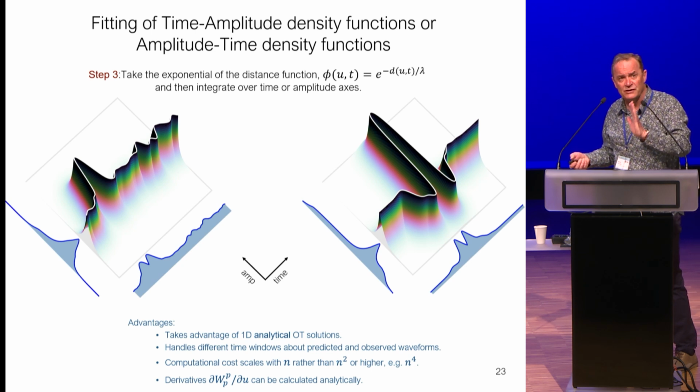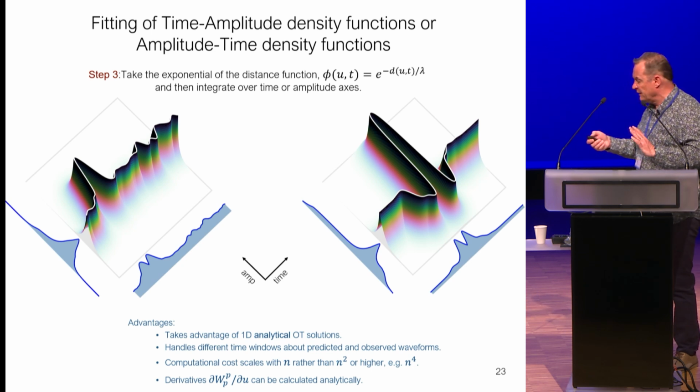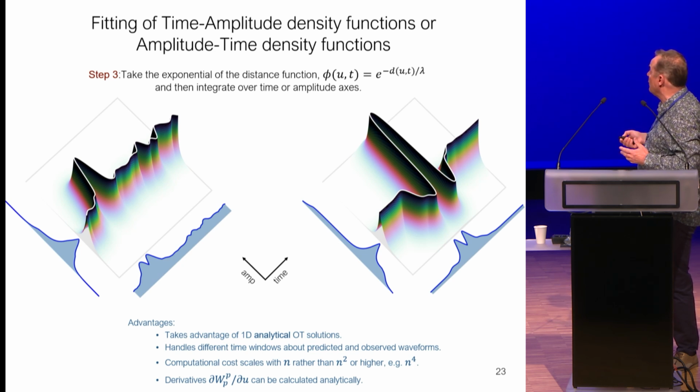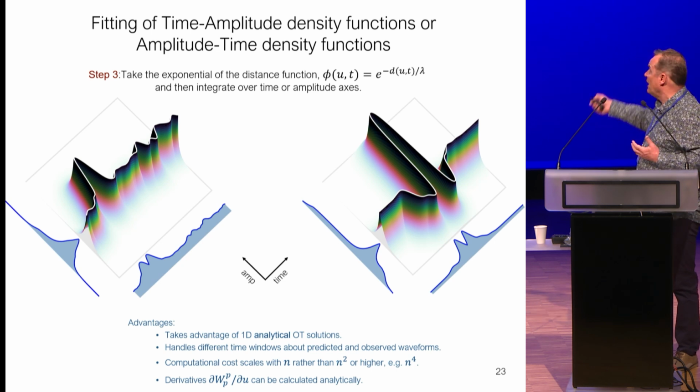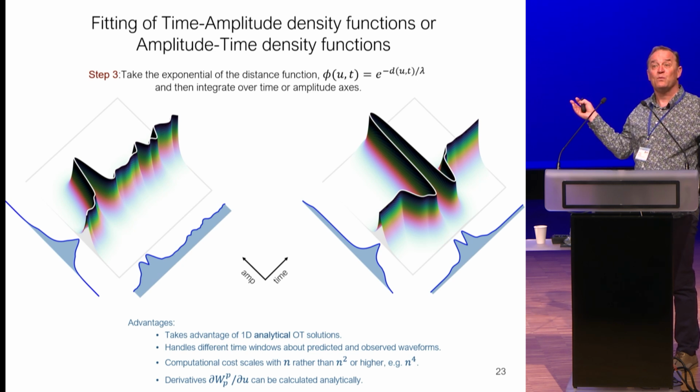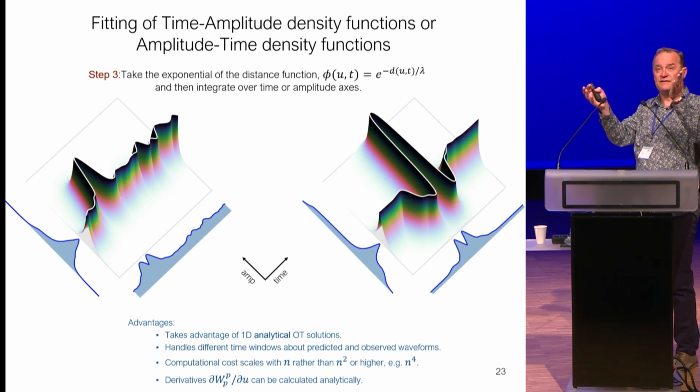By definition, you've got 1 amplitude per time. So what I've simply done here is take the marginals of this distribution. I integrate it down to the amplitude axis here, and the time axis here, to create what we're calling a time amplitude density function, and on the vertical bit, an amplitude time density function. So 2 1D functions rather than a 2D function.